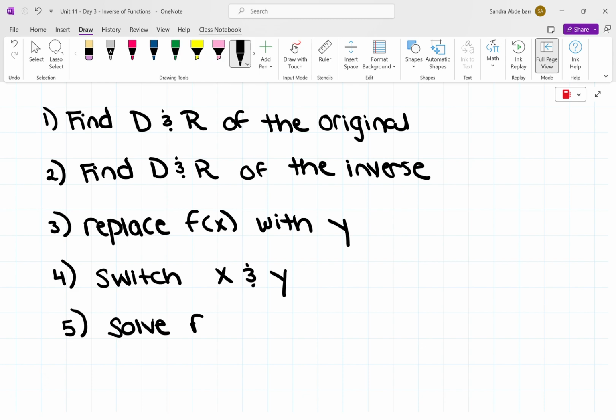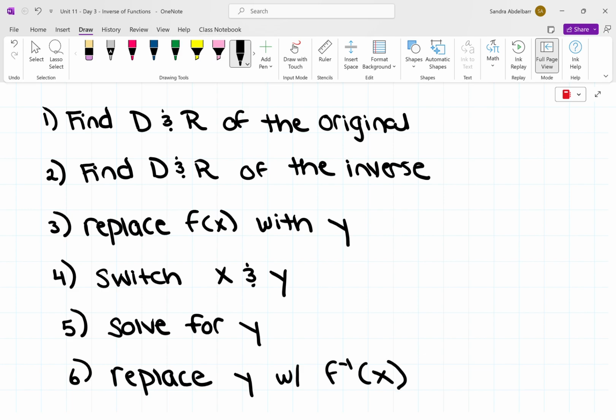We will then solve for y. And lastly, replace y with the inverse notation.